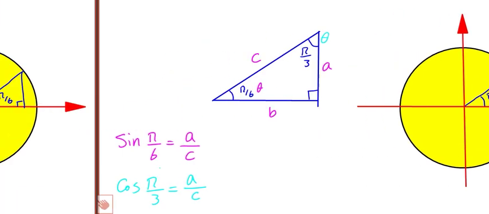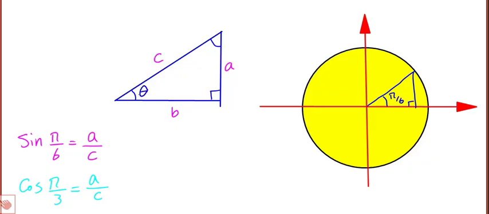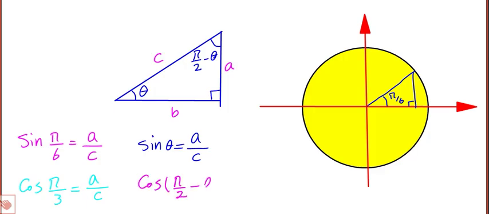And in general, here's the angle theta and here is 90 degrees. So this angle is equal to pi over 2 minus theta. So sine of theta is equal to the opposite side A divided by the hypotenuse C. And cosine of pi over 2 minus theta is here.